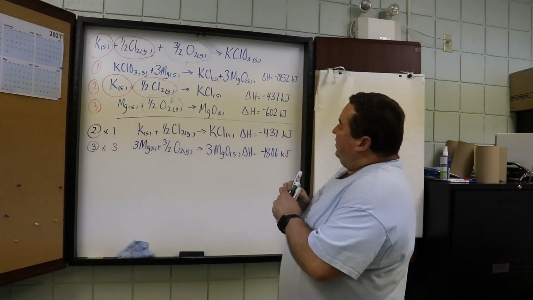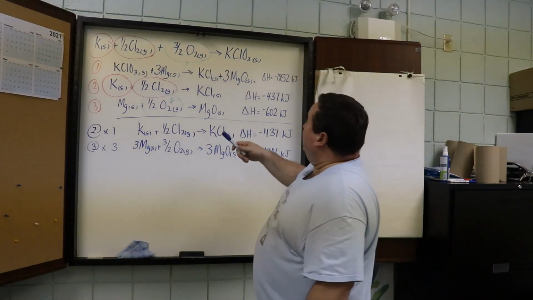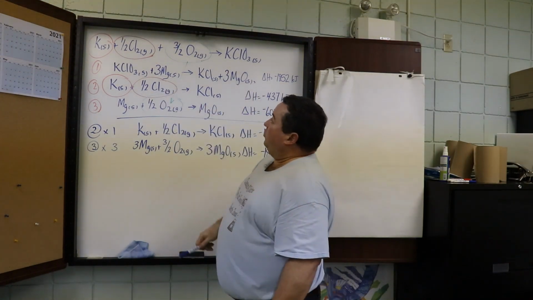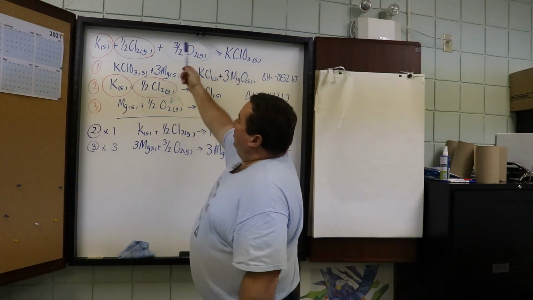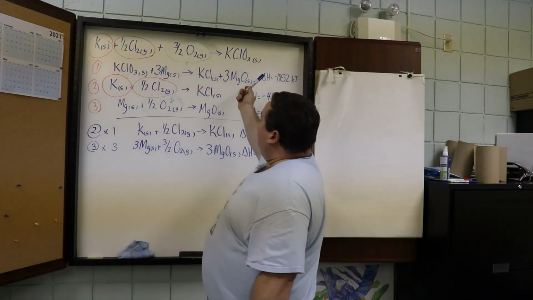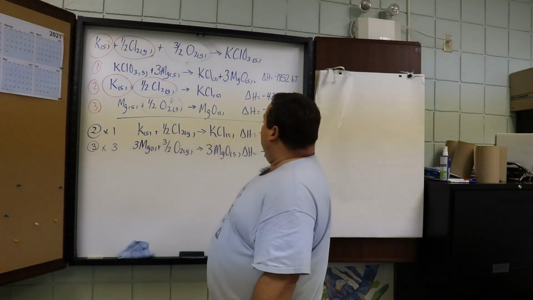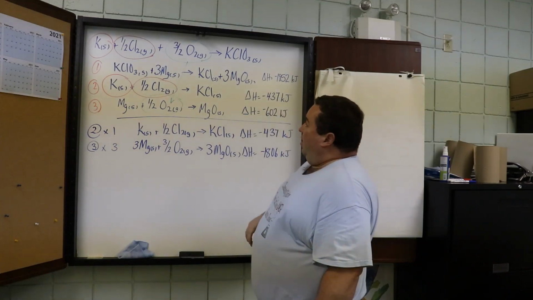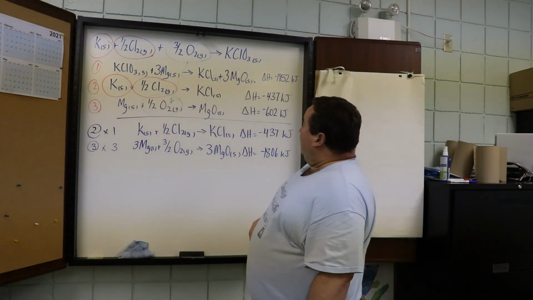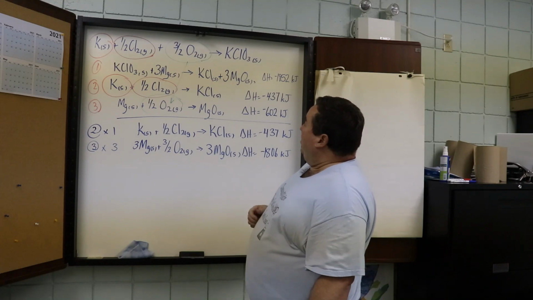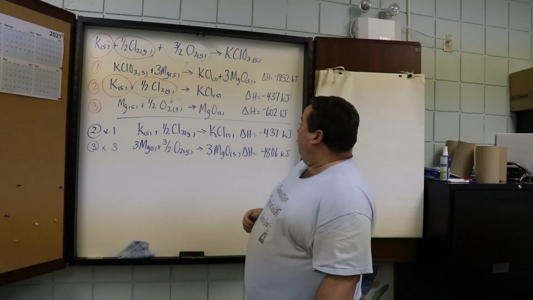Now, if at this point I go back and take another look and I find my potassium chlorate, I know that it needs to move to the other side. The number is correct, but I need to reverse this reaction. I could also look at something that does not appear in the final reaction.